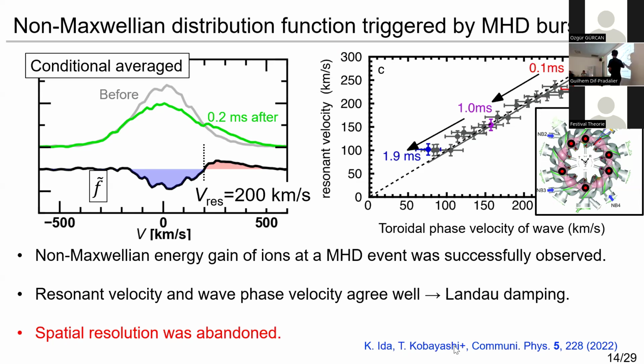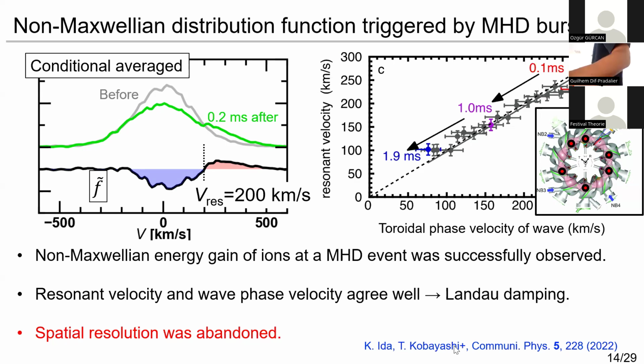The right-hand side here is the relation between this resonant velocity and the wave propagation velocity in the toroidal direction, which is measured by the toroidal magnetic field array. We see a very clear linear relation between these two. So this is a signature of the occurrence of resonance. And also the velocity changes in time. So this is clearly nonlinear, and this is evidence of the collisionless energy exchange between bulk particles and energetic particles.